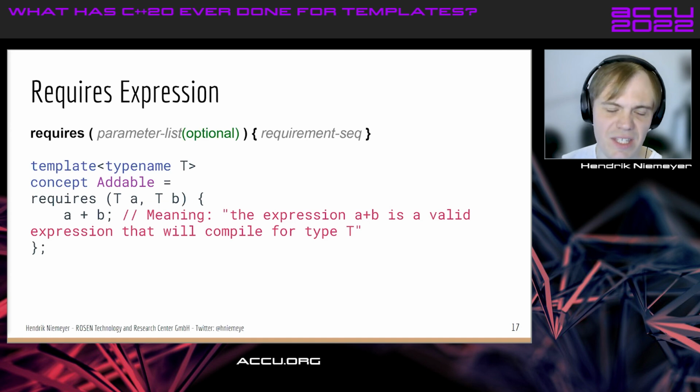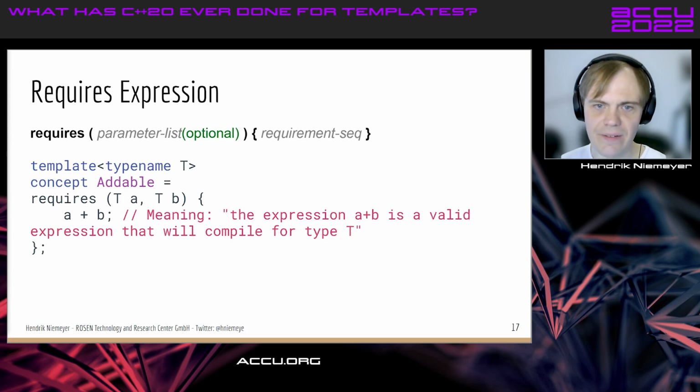And the requirement sequence is aptly named a sequence of requirements. Each requirement ends with a semicolon. There are 4 types of requirements, which we will talk about in detail. There are simple requirements, type requirements, compound requirements, and nested requirements, all of which do these checks in a slightly different way.